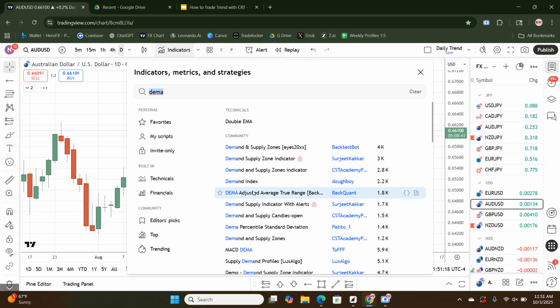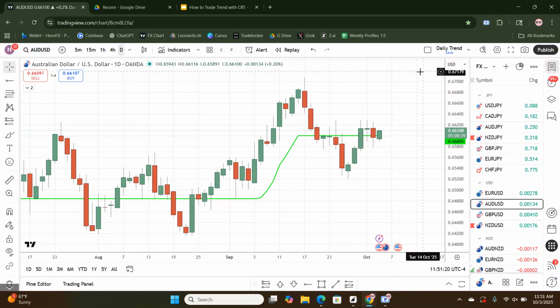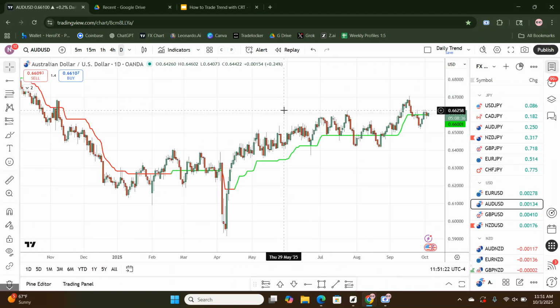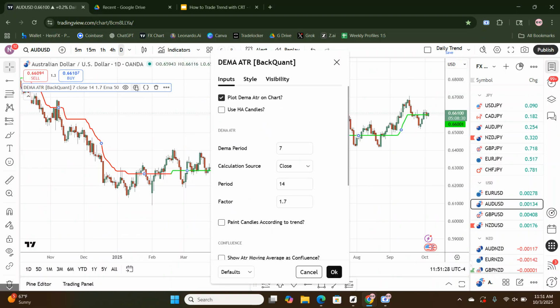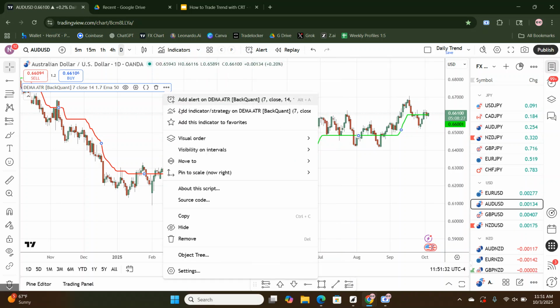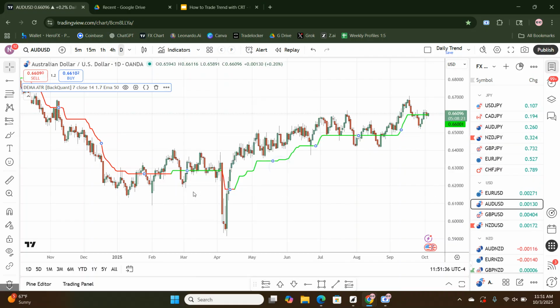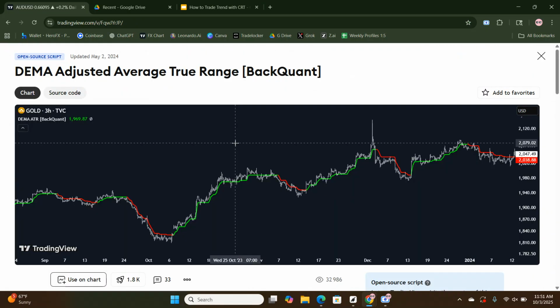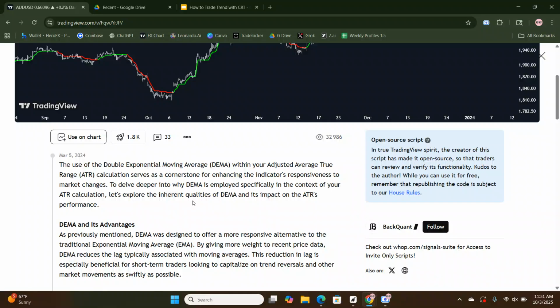I'll know it when I see it. Yeah, that's it. So when you check indicators, it's going to show you as well. If you go to the, not the gear icon, the 3 dots, and you say about this script, it'll give you a description of what it's about and how to really use it.